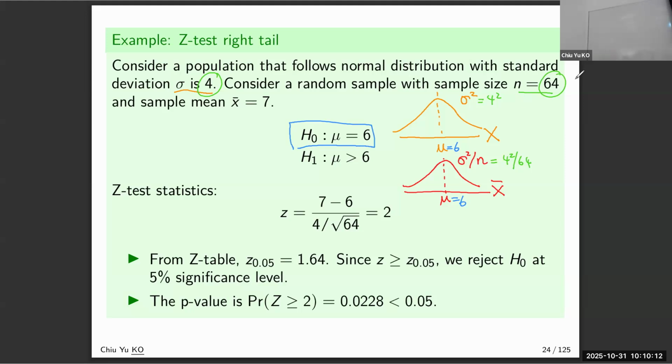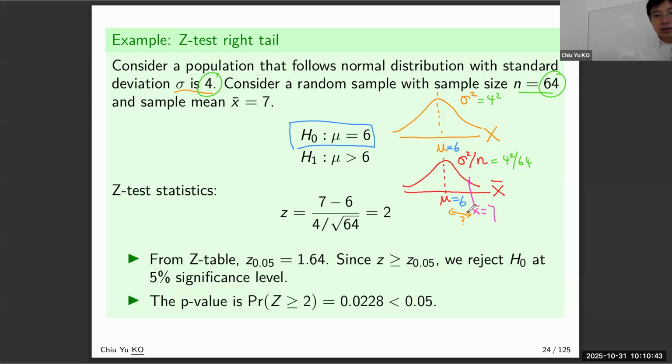In other words, the graph looks like this. We have X bar is 7. So the question is, is this distance large enough to say that 7 is going to support H1, mu is bigger than 6?